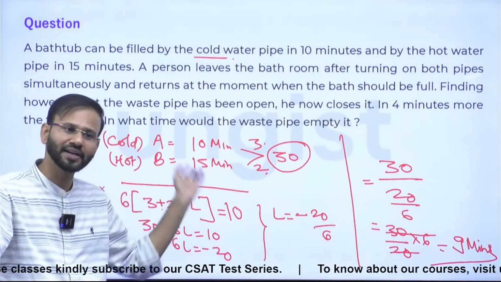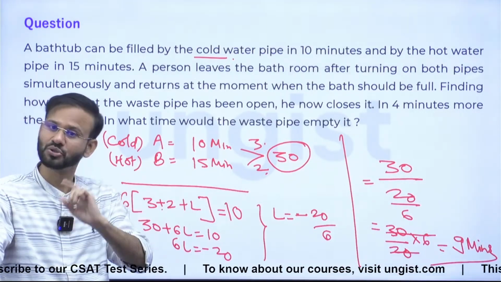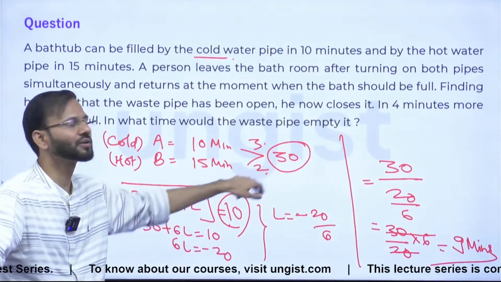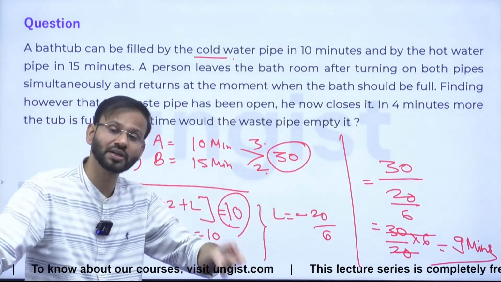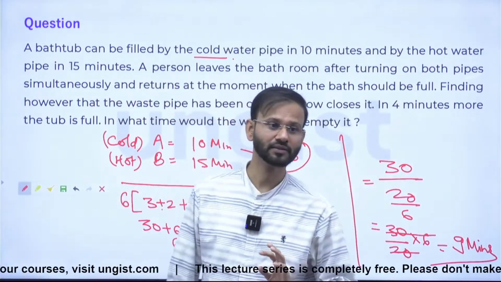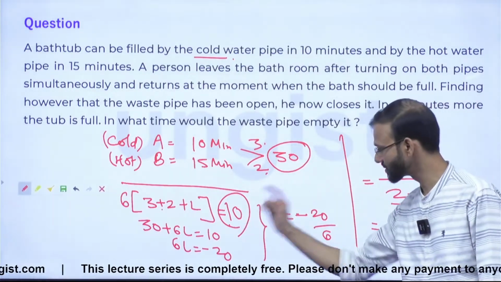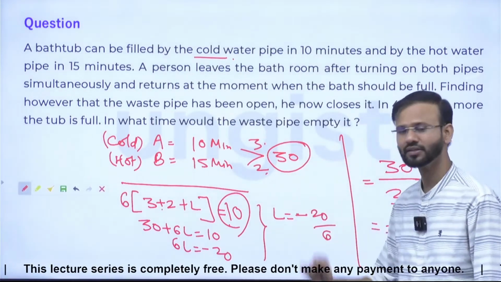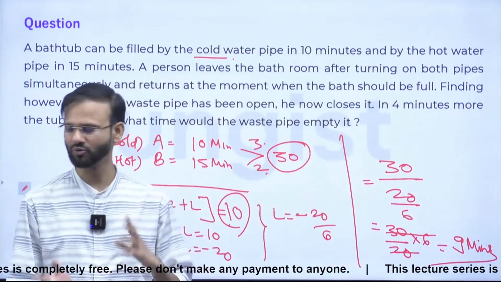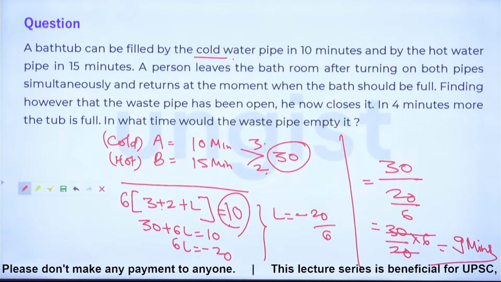The 2/3 part we didn't write, but you have to write it also in your notes copy, because after some time when you revise this, you should know from where this 10 is coming. This 10 is 1/3 of this, and 2/3 will be filled in the next 4 hours, sorry, 4 minutes, right? Okay.